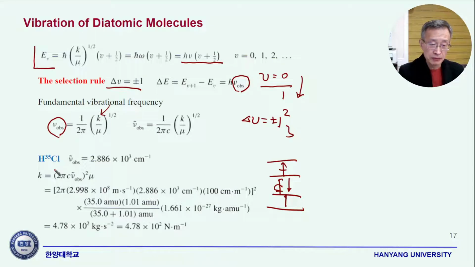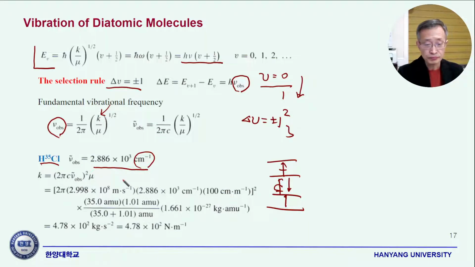For example, we have H35Cl, hydrogen chloride, and this is the observed wave number for the vibration. Reciprocal centimeter is one way of expressing the energy.